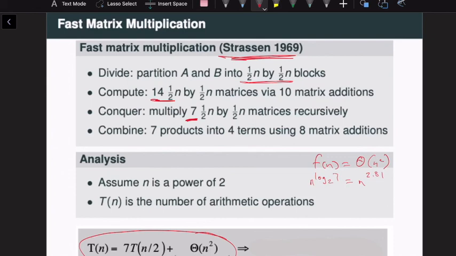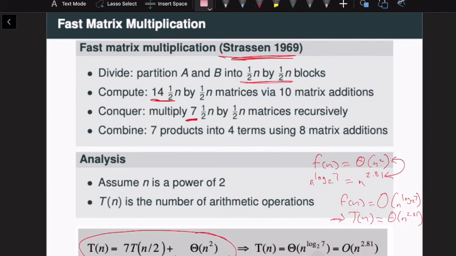Now we see the relationship between f of n and n to the log base 2 of 7: f of n is upper bounded by n to the log base 2 of 7, which implies that our runtime is theta of n to the 2.81.